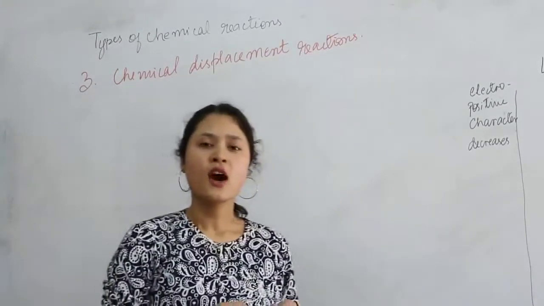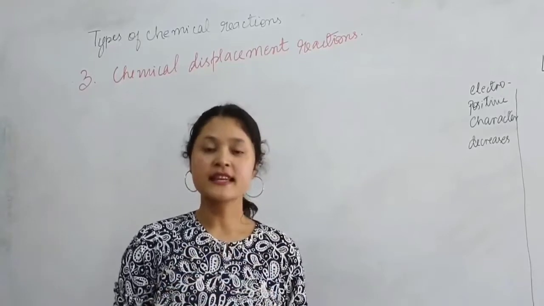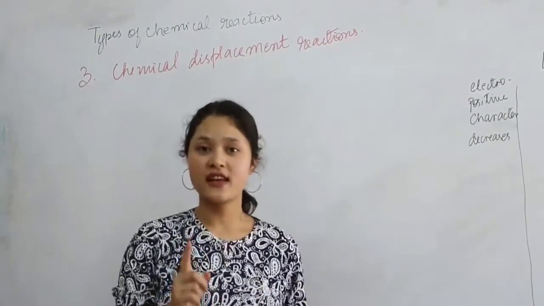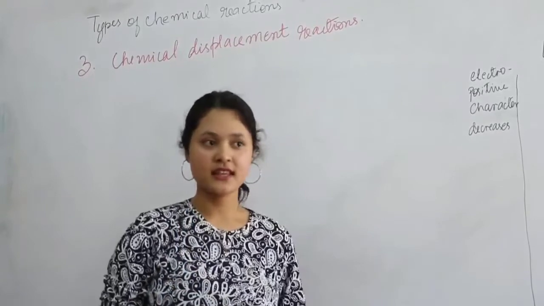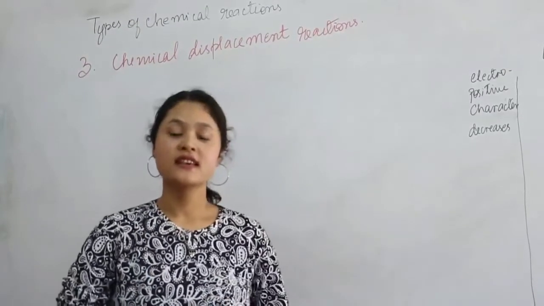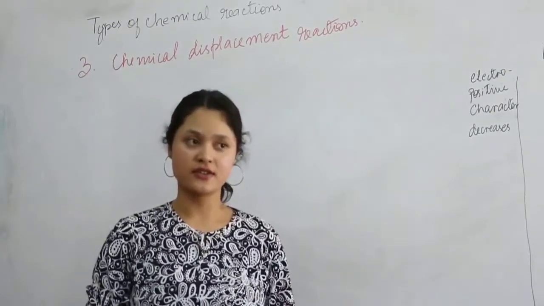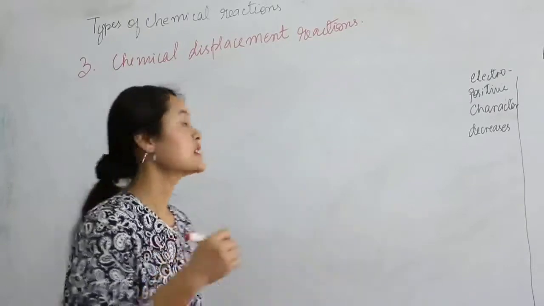When a more active element displaces a less active element from its aqueous solution, then the reaction that takes place is called a chemical displacement reaction. So let me just give you a simple equation.